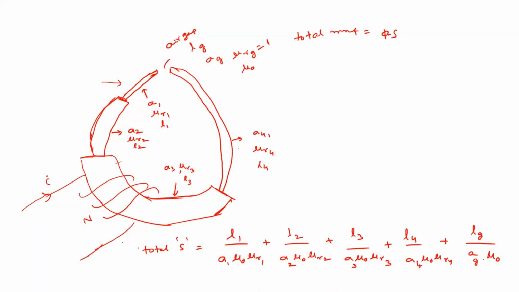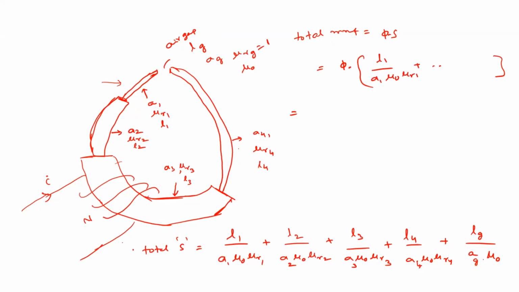Yes, sir. This is the total S, and this is phi into that entire thing. In this, we have terms like L1 upon A1 mu naught mu R1, so that is the first term.